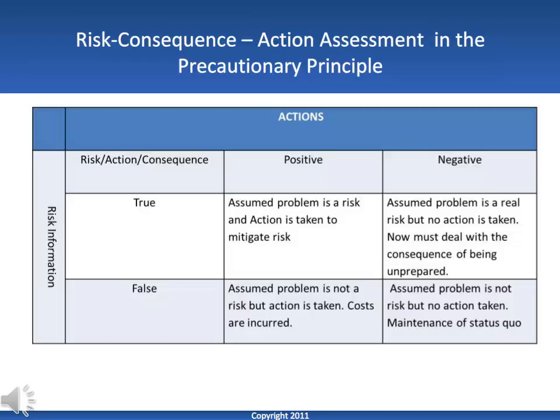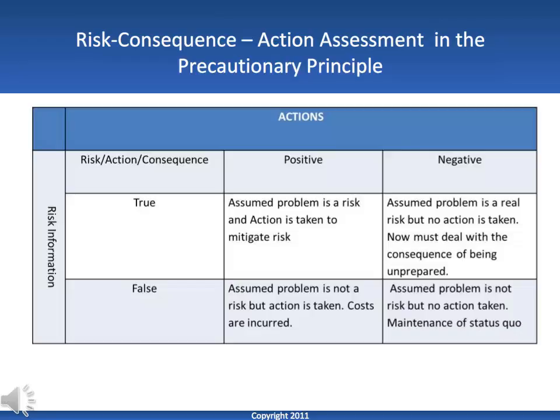The cells in the matrix are the result of the interaction of the two independent variables. So, for example, if the horizontal axis reflects the actions taken, either a positive or negative action, a negative action may be no action. And then how the action intersects with the information.